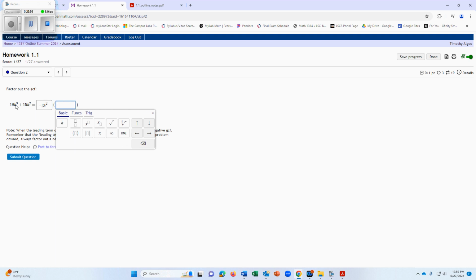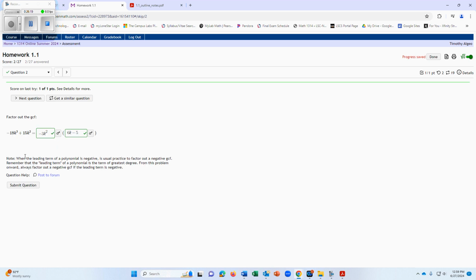I'm basically dividing that out. So I'd be left with 6k, and then it's going to become a minus because I'm factoring out a negative. Whenever you factor out a negative, it causes a sign change. That would leave me with a 5 right there. So this is the GCF, and this is what's left behind once I factor that out. Submit question, there we go.